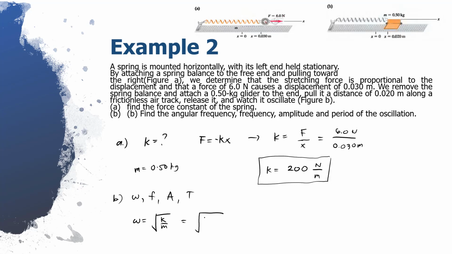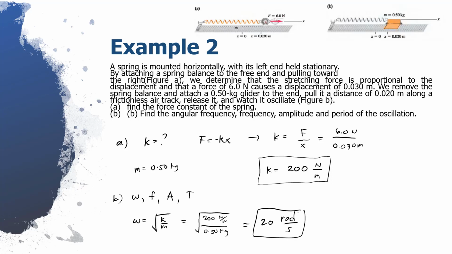So we have 200 newtons per meter divided by the mass, which is 0.50 kilograms. So therefore, omega is equal to 20. The unit is radian per second.